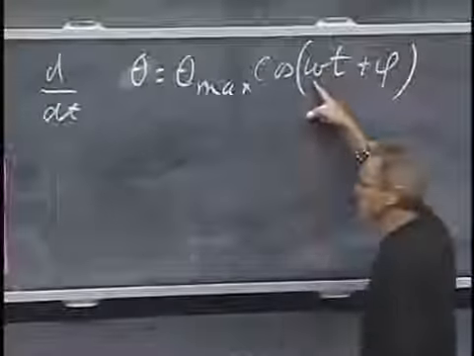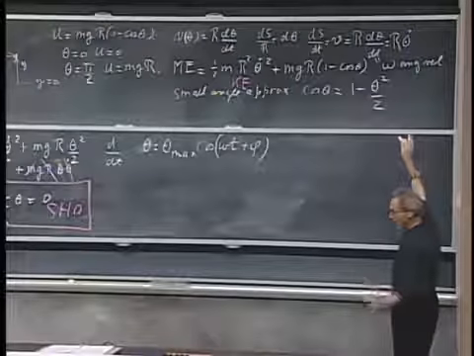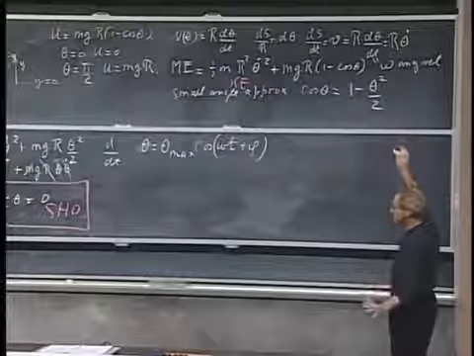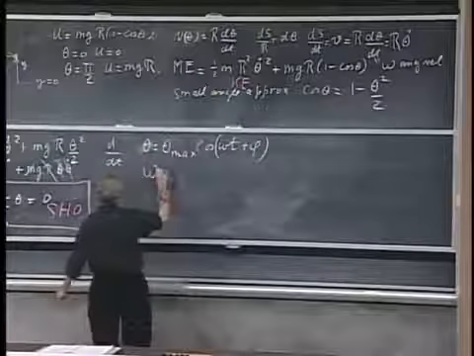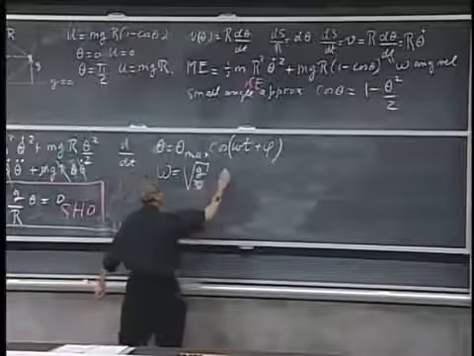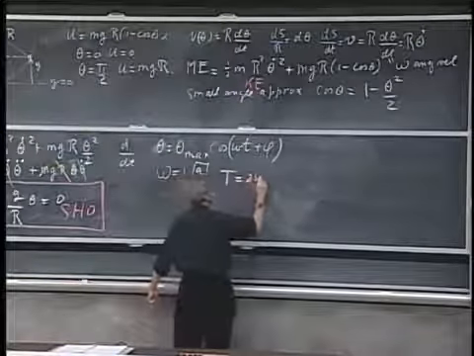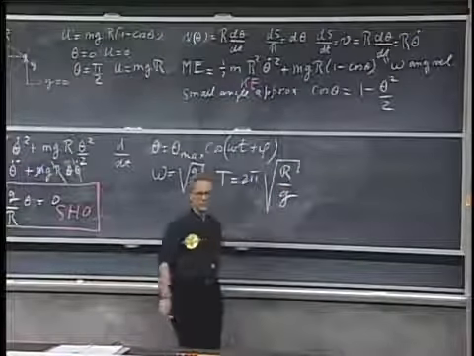This is the angular frequency, has nothing to do with that omega there, which is the angular velocity, which is changing in time. This is a constant, this is angular frequency, and this omega equals the square root of g over r. And so the period of the oscillation is 2 pi times the square root of r over g.